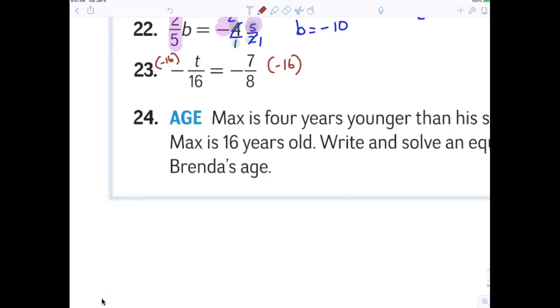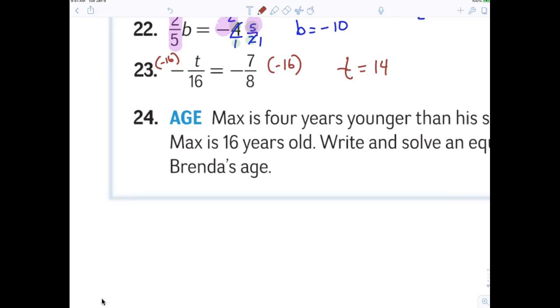So we should be able to say t is equal to, now what's 16 divided by 8? 2 times 7. 14. You see why it's easier to do the division first, right? Because I would not want to do 7 times 16, which is 112, and then 112 divided by 8, which is 14. It's much easier to do 16 divided by 8, and then multiply that by 7. Same answer. Doesn't matter.